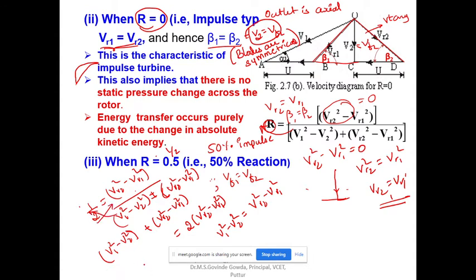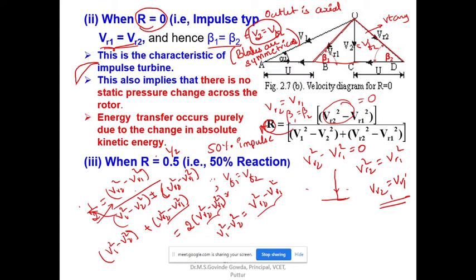Correct? So now, if this is 2 times VR2 square minus VR1 square, bring the term to that side. 2 times x minus x gives you x, so that is VR2 square minus VR1 square.